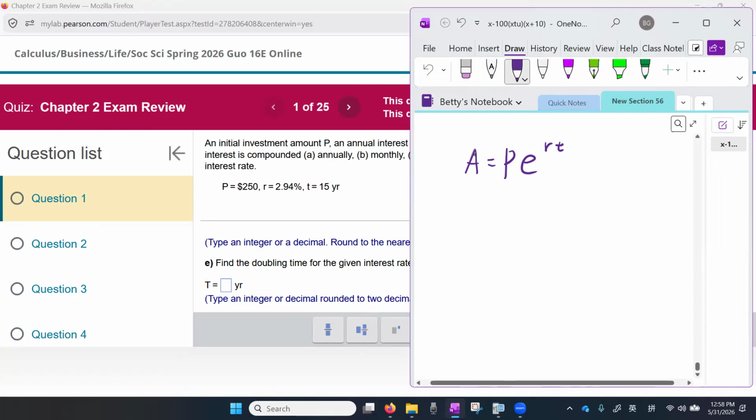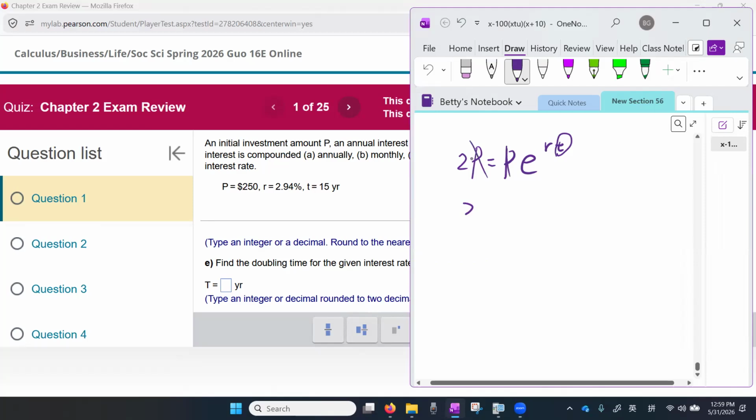What is doubling time? Doubling time is the time it takes for the investment to double. So we want to find the value of t such that when the time elapses, the future value is twice the principal. Originally $250. After t years, you want to have $500, right? So we cancel P here.